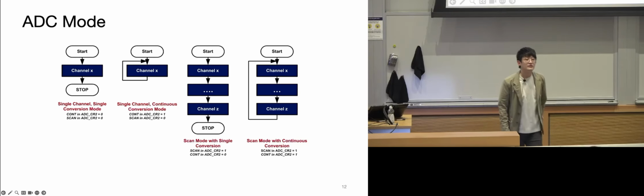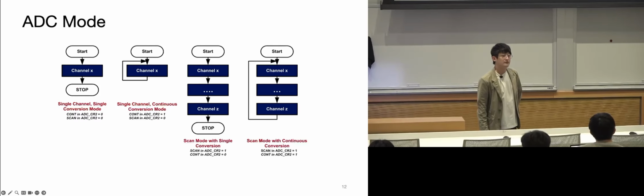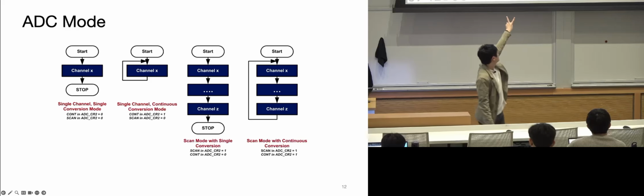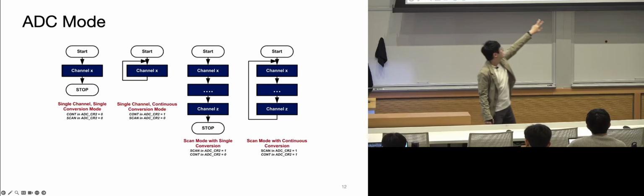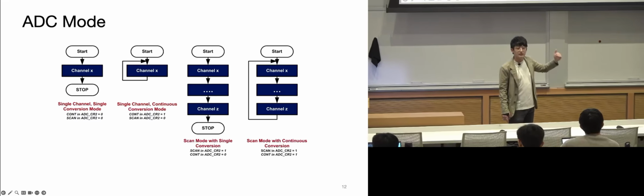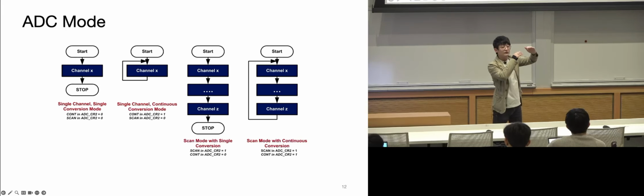Yes? So can these channels be either regular or injected, or are they always regular ones and the injected ones just go in addition to that? For these two, they can be either. If it's labeled as a sequence, then it's typically regular ones. Either it's a regular one that happens periodically, or if you programmed, say, 4 injected channels that happen in sequence, that's also possible.